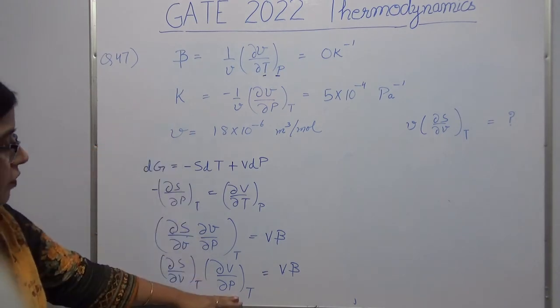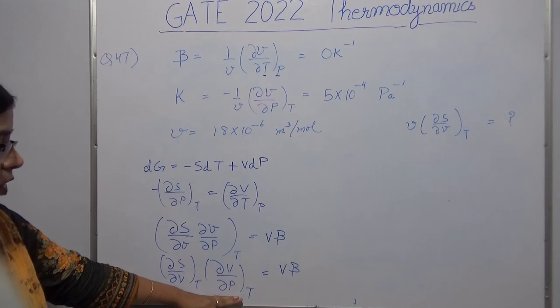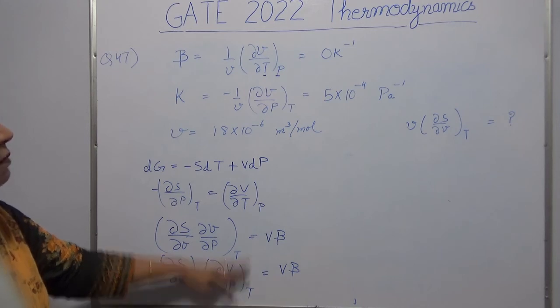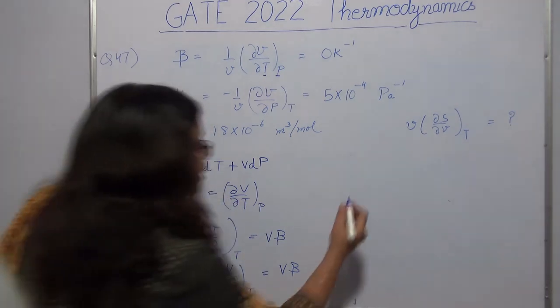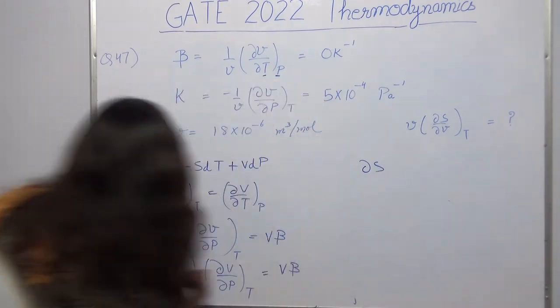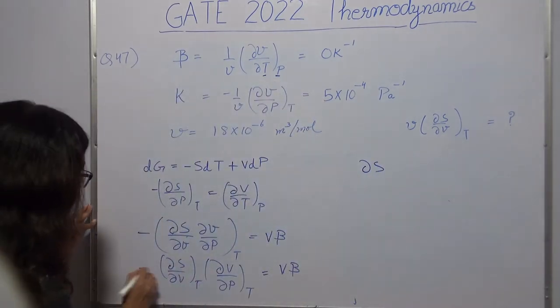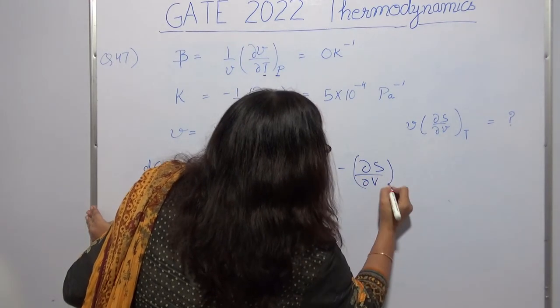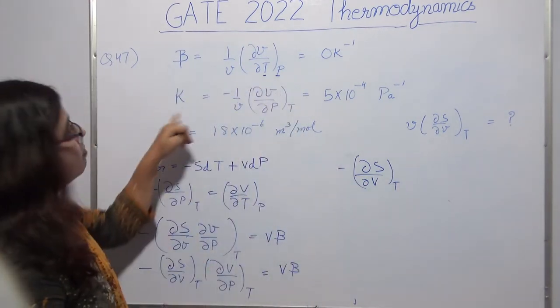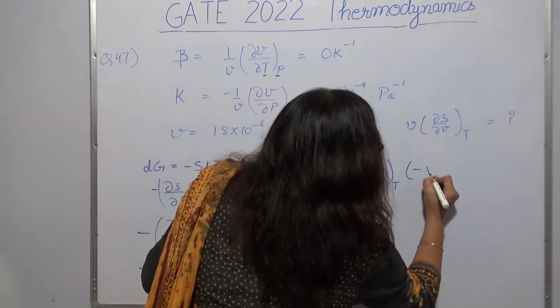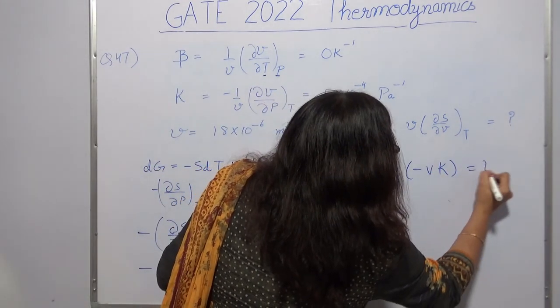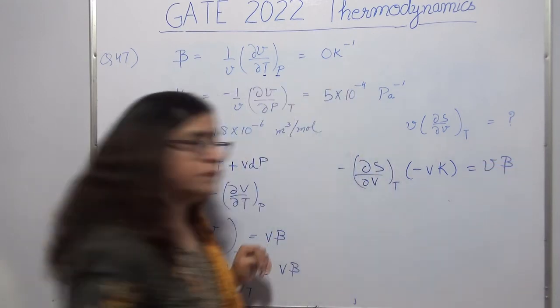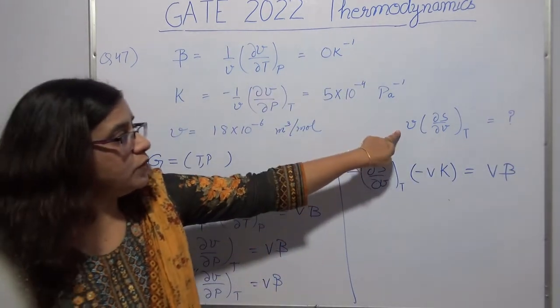So instead of this partial differential, I can write minus V times kappa. Of course, this minus sign I should retain over here. So minus del S by del V at constant T into minus V times kappa is equal to V times beta. I have to calculate this value.